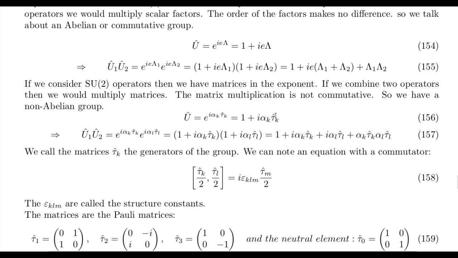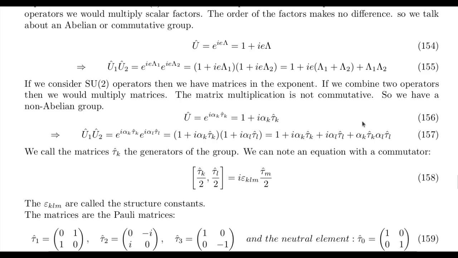If we look at the first two terms of the Taylor series, then we have 1 plus this part. Then we multiply two operators, so we have two exponential functions, then the terms of the Taylor series, and then we solve the parentheses again.